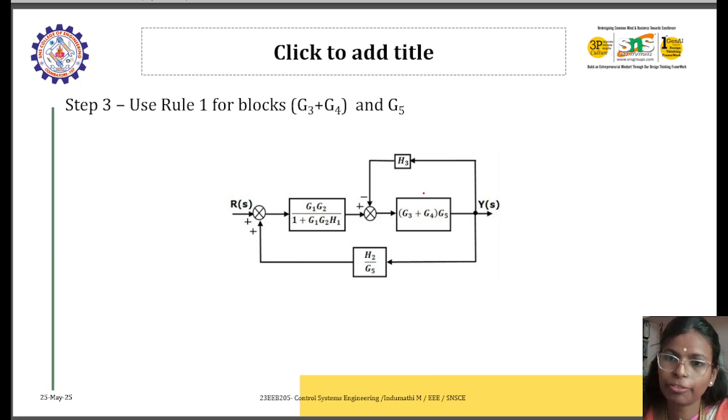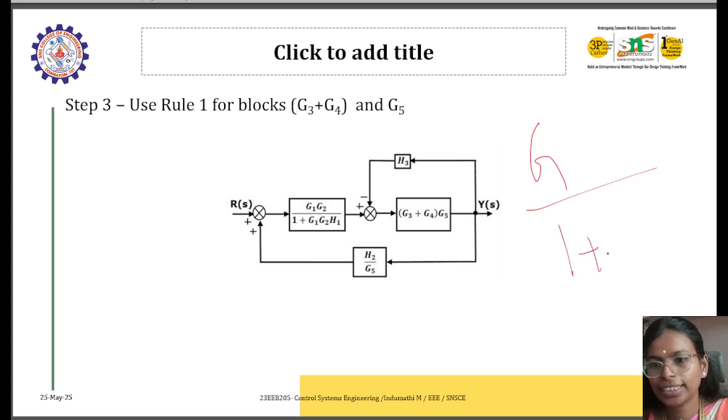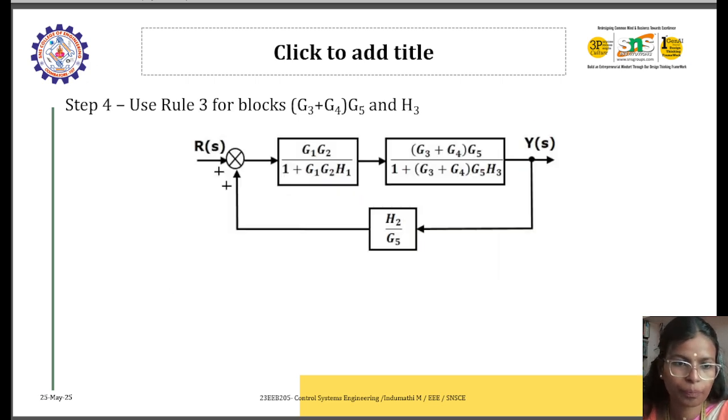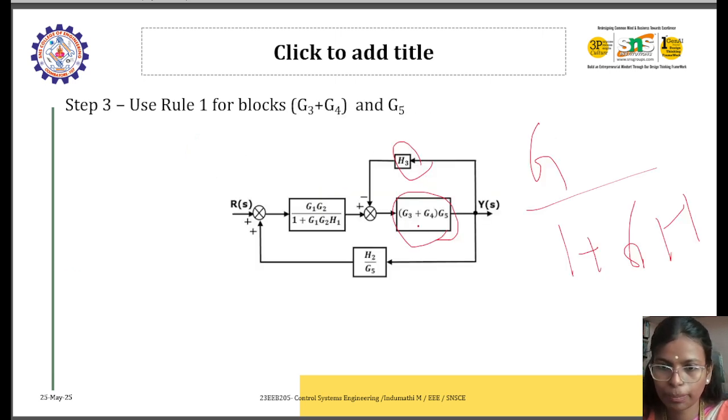Reduce it by simplifying this feedback. How can we reduce it? G divided by 1 plus G into H. Here your G is this and your H is the feedback. Always remember, H is the feedback, and G is the total function which we are simplifying. When you simplify it, this block will be simplified.